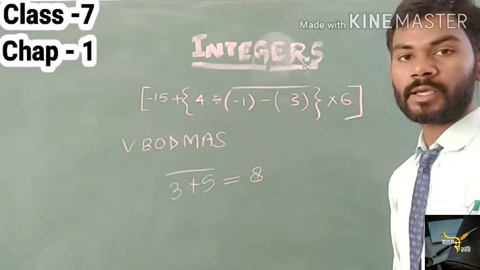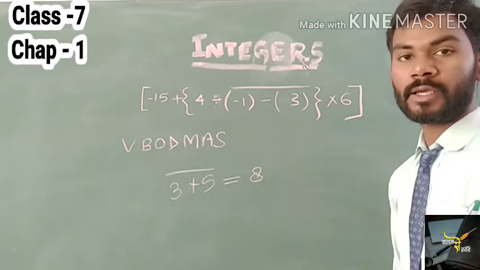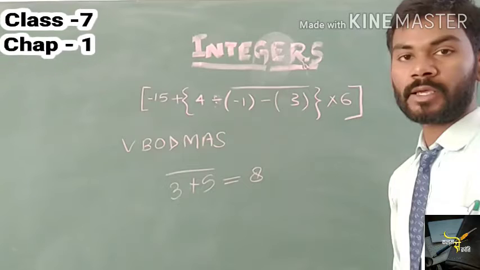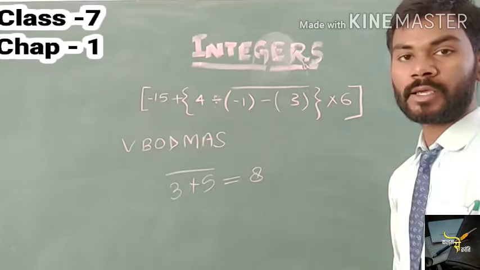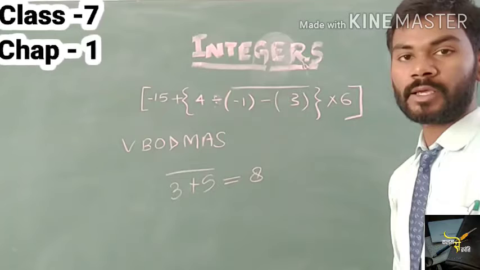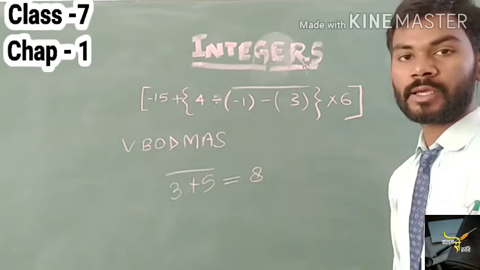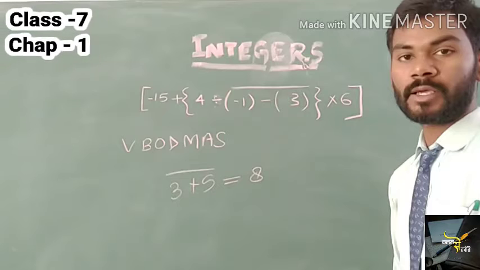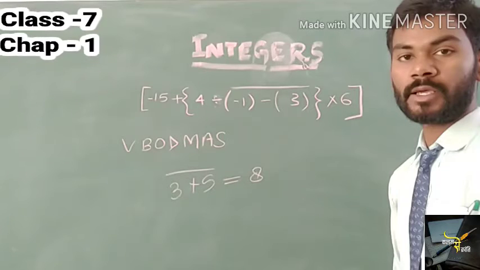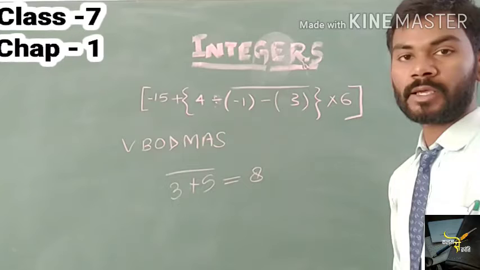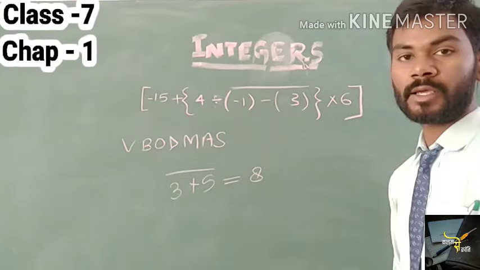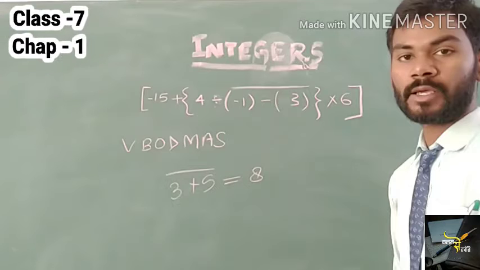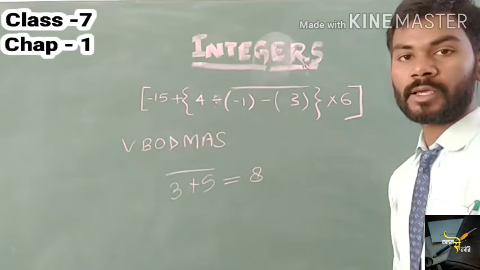In the next step we can write minus 15 and minus 6. Since both integers are negative, they will be added to give 21 as the result. Therefore, minus 21 is the right answer. I hope the whole solution is clear to everyone.